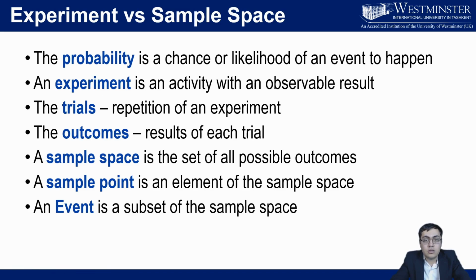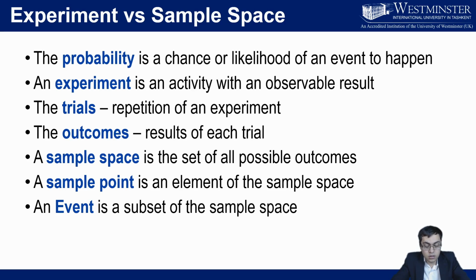Before we go ahead and start computing the probabilities of various things, it's very useful to be aware of the concepts and the definitions of various things within probability. So broadly speaking, the probability of something is just the likelihood or the chance of whatever it is that we are interested in happening. An experiment is just this activity that we're interested in and this activity that we are trying to conduct.